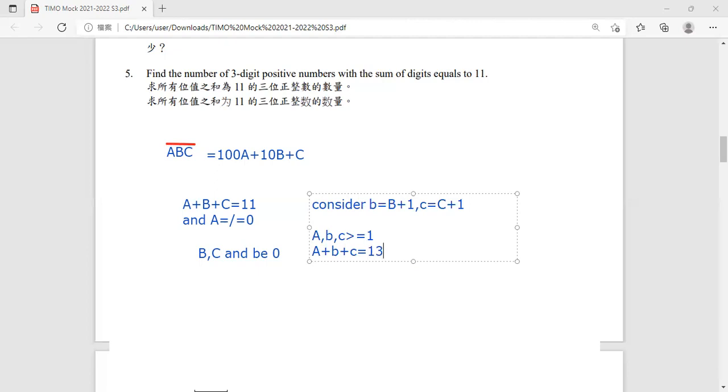So what can I do next? Now you can consider there are 13 number ones.